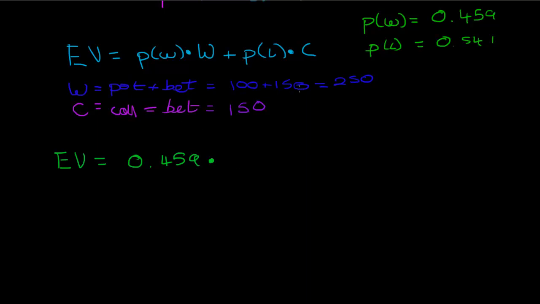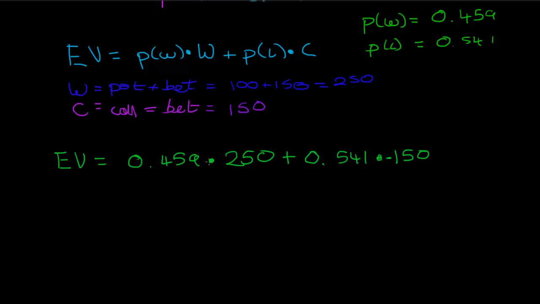Well, if we have the best hand, which is 250, plus the probability that we lose, which is 0.541, times 150. That's how much it costs us. Minus 150, I should say, because we're losing here. So the cost is negative. Maybe I should have rearranged it, but I think you get that. It's a loss of 150 if we have the worst hand.